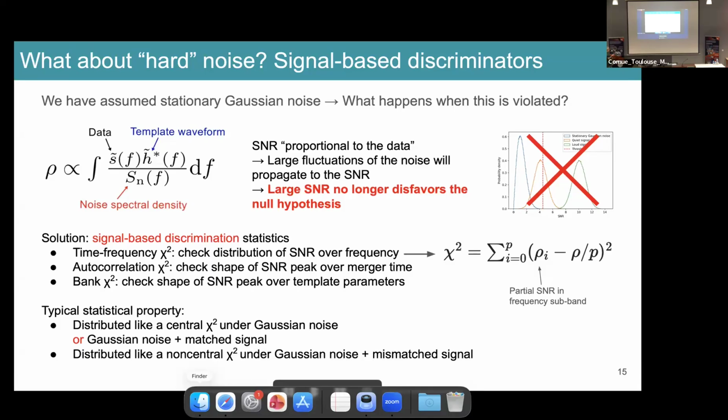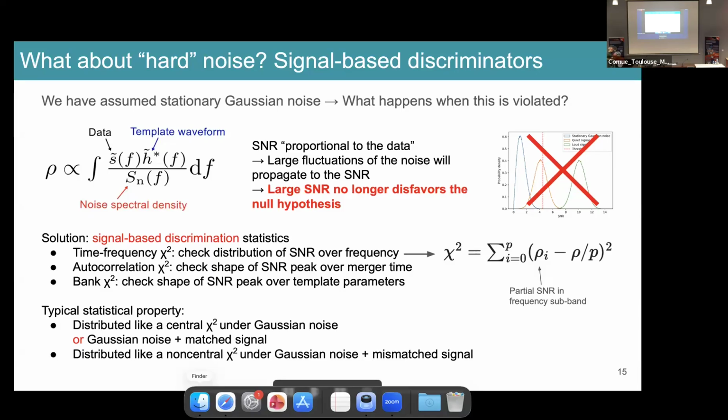Fortunately, there is a solution. You can calculate other things that are not the SNR, which are a bit more complicated. For example, this time frequency chi-square, which is essentially the same calculation as the SNR, but performed in frequency subbands. So you calculate the SNR in a small frequency band, in another one, in another one, and then you compare the distribution of the SNRs with the expectation.